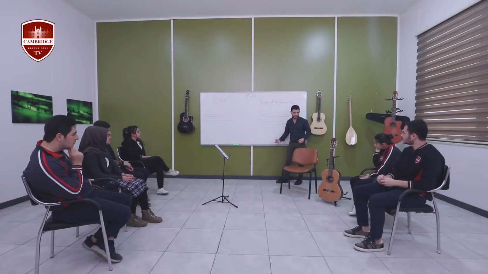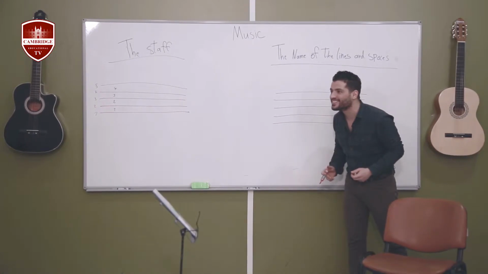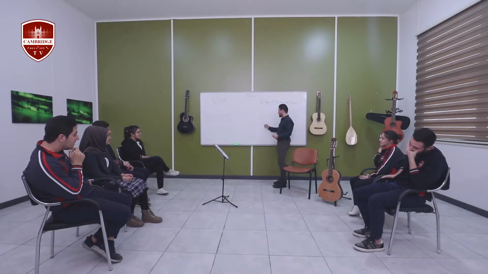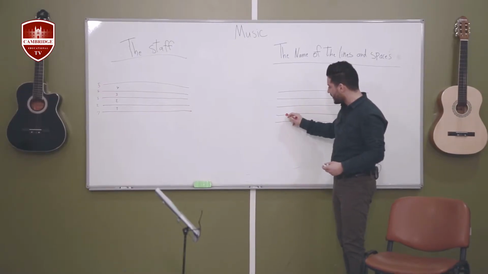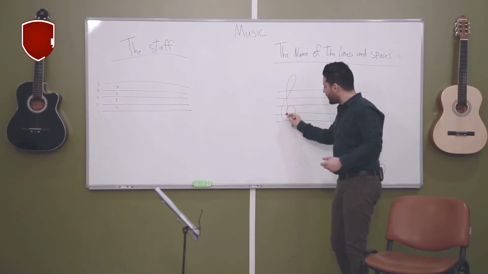And we have a key. What was the name of the key? Treble clef. The treble clef starts from the second line, goes up, comes down, and goes up.